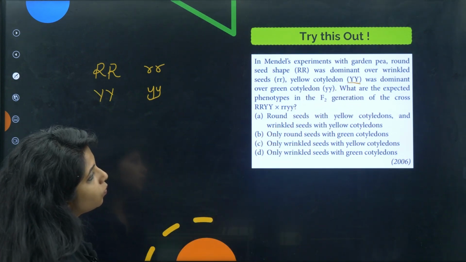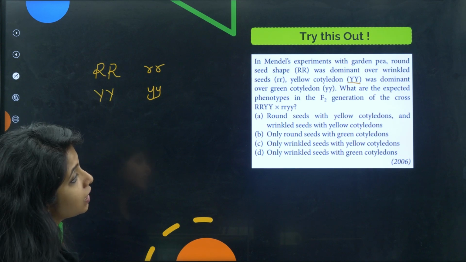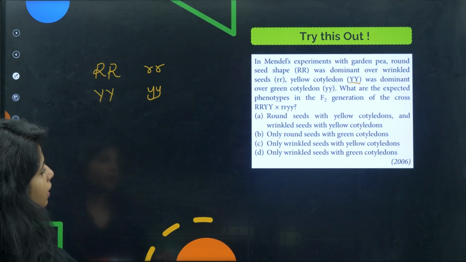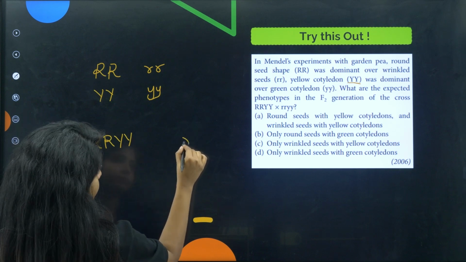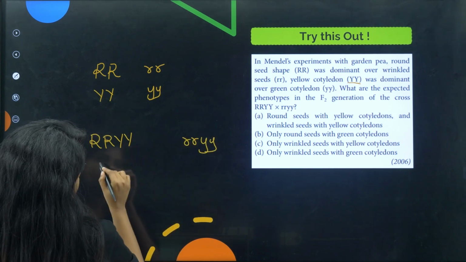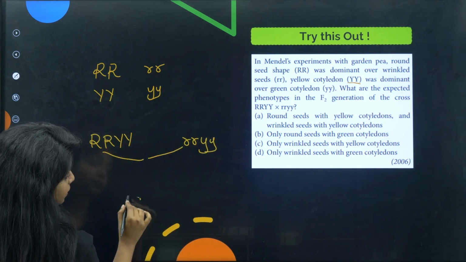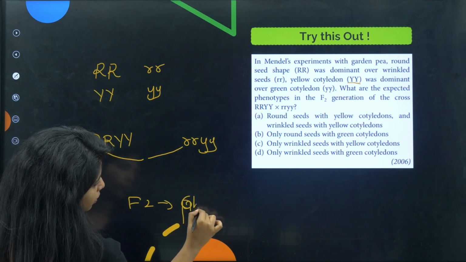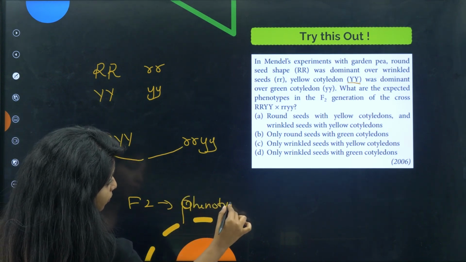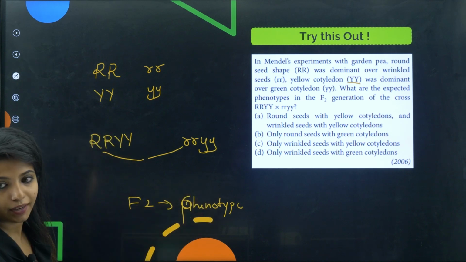Now, what are the expected phenotypes in F2 generation of the cross? They are asking about the phenotype of F2 generation, not F1.